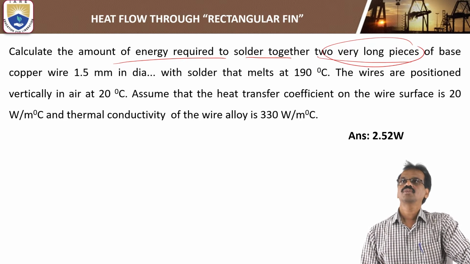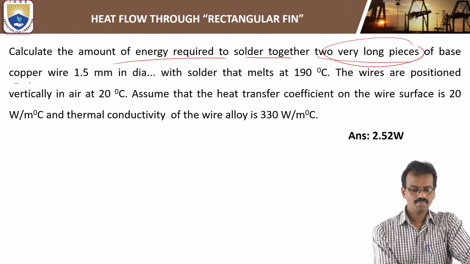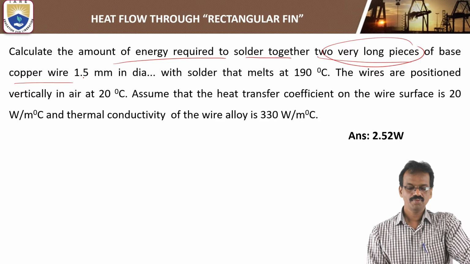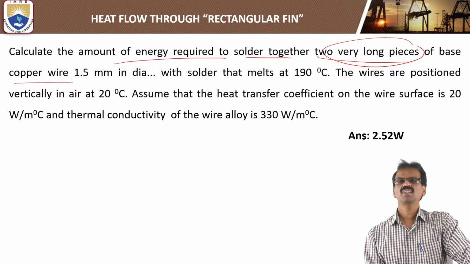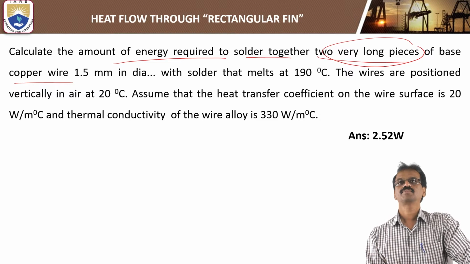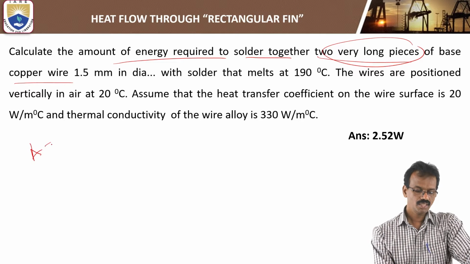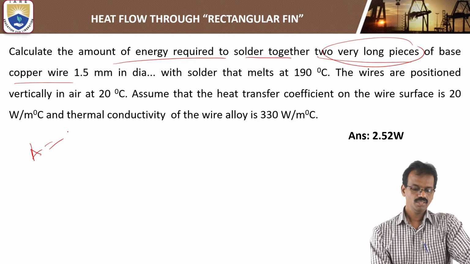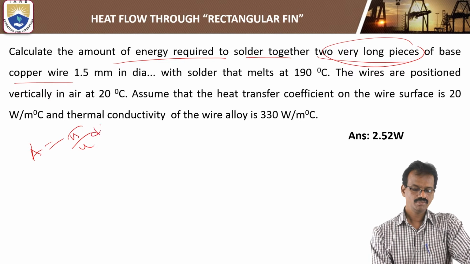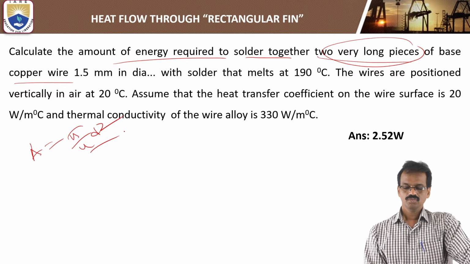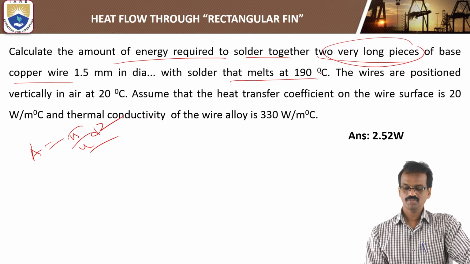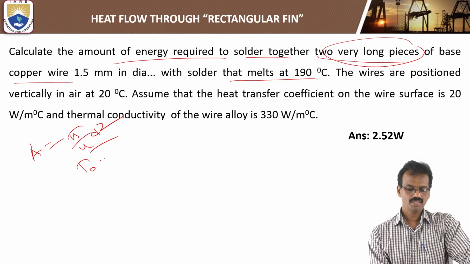The diameter is 1.5 mm, so the diameter of the pipe has been given, which means the area is given, area is pi by 4 d square. You know that. They melt at 190 degrees, so the base temperature T naught is also given. T naught is equal to 190 degrees Celsius.